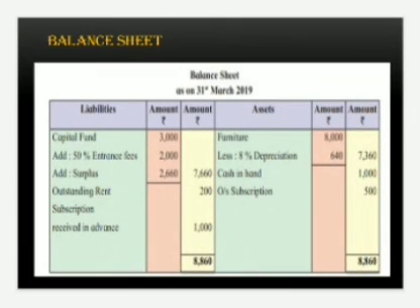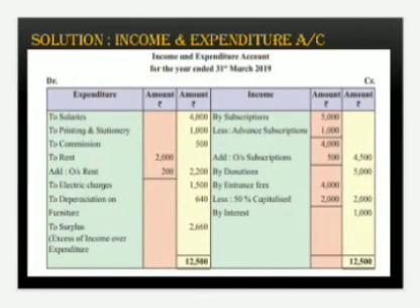See here, add 50% entrance fees, 2,000. Understood? Again we will go to our previous slide. Interest received. Whatever interest we have received, that we have shown in the outer column.